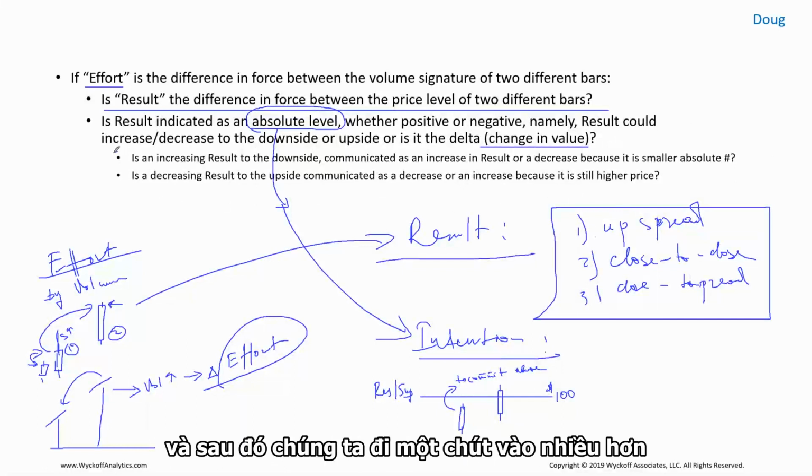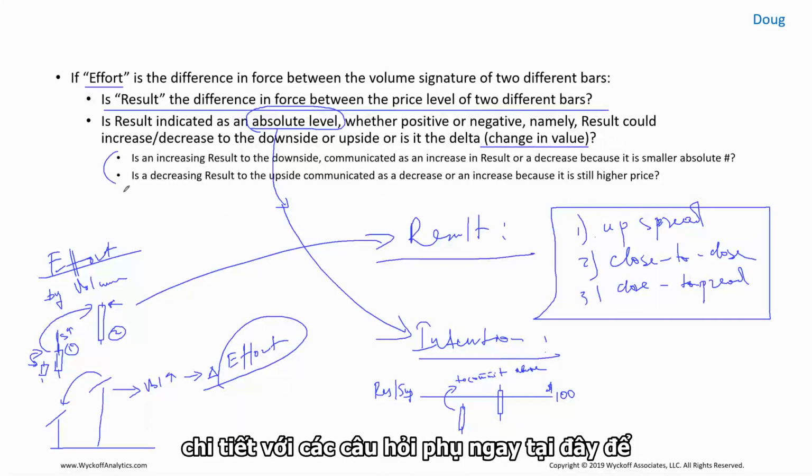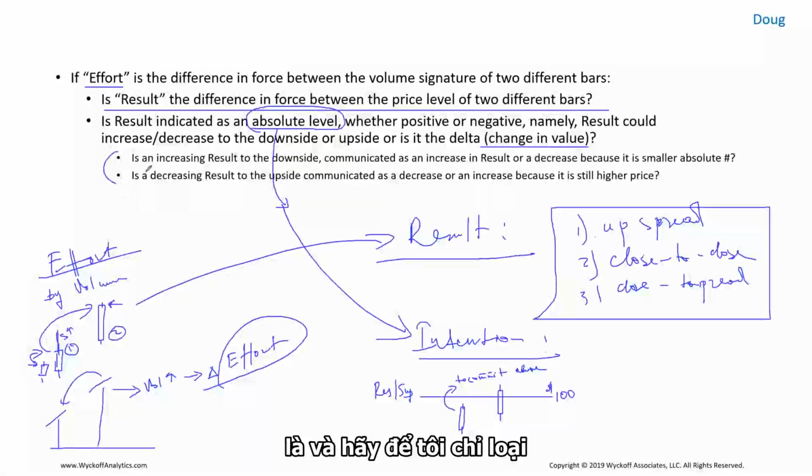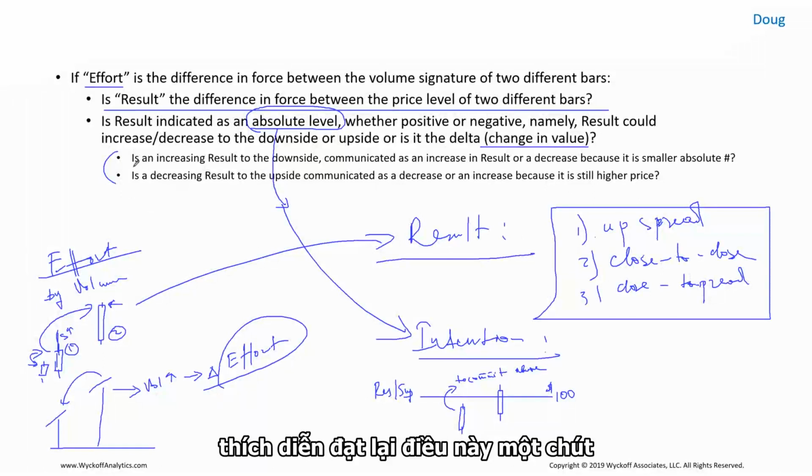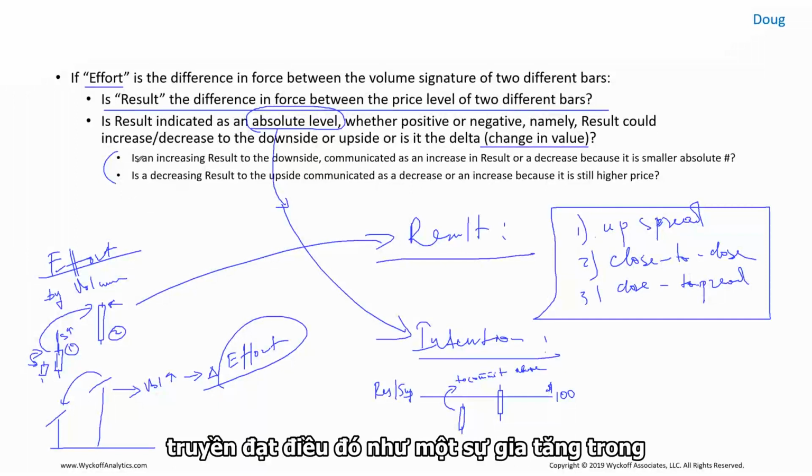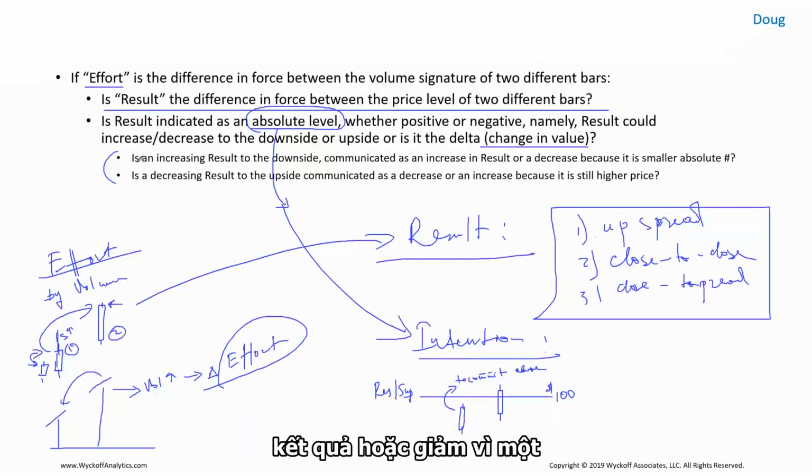And then we go a little bit into more details with sub questions right here. Let me just rephrase this a little bit. Actually, let me read this. Is an increase in result to the downside communicated as an increase in the result or a decrease because of a smaller absolute number?